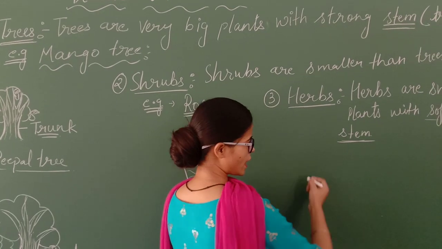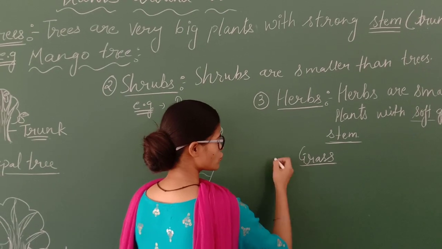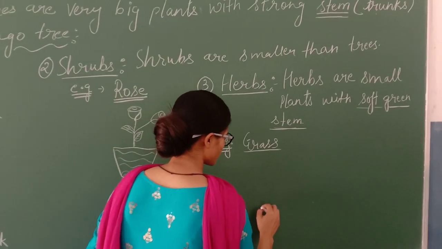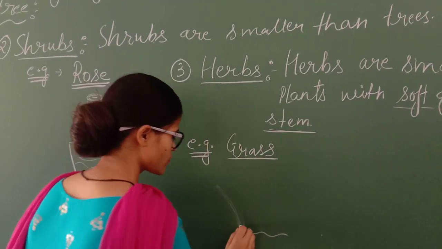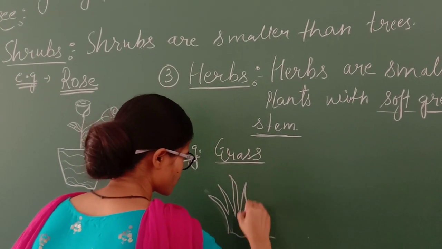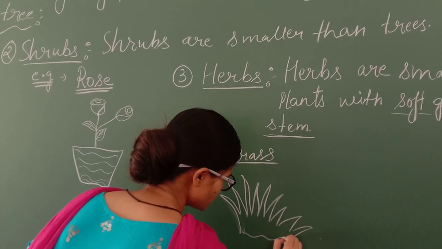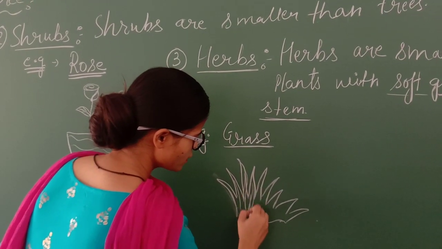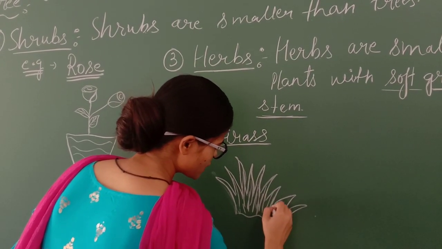So we will draw grass. Grass is easy to draw for you also. This is the grass plant. You have to draw it and color it with a green color, because grass is almost green in color.